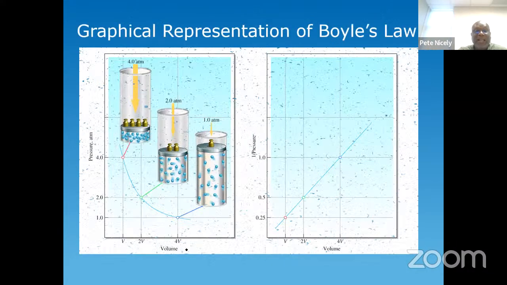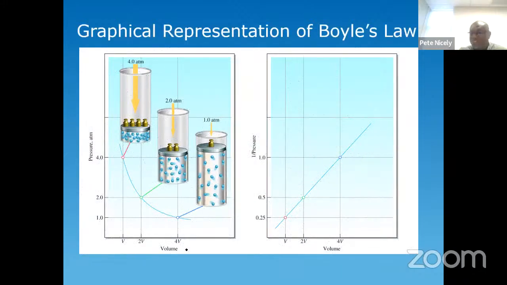All right. So this slide here basically shows you the graphical representation of the relationship between pressure and volume. Now, this graph here on the left is a plot of pressure versus volume. And as you can see, as the volume increases, the pressure decreases. All right.